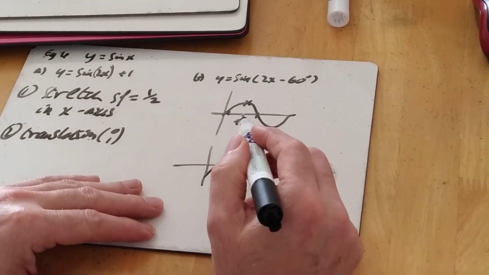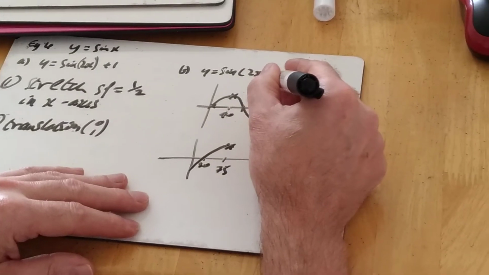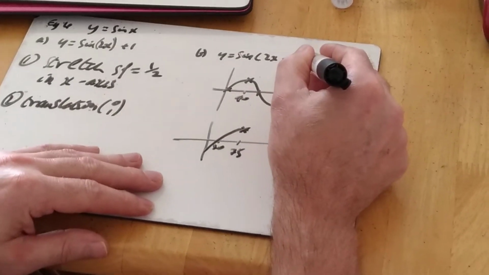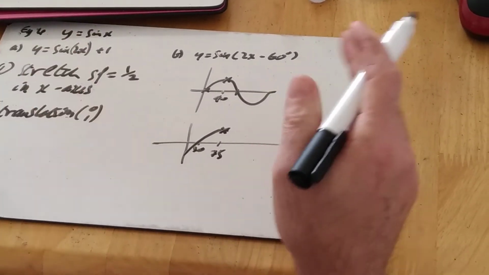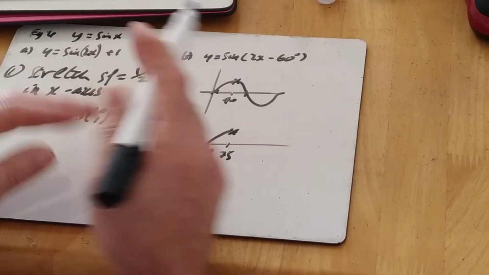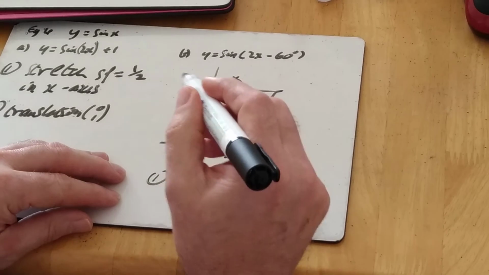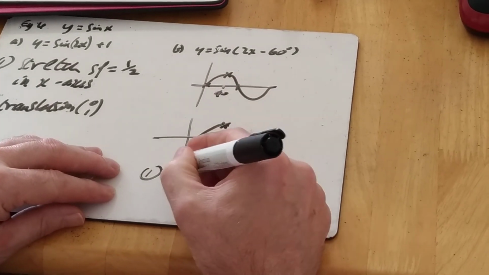What it looks like it's doing then, I'm doing the minus 60 first. I'm going to take the sine curve and shove it up by 60 first, and then squish it by a factor of 2 afterwards. So the order is counterintuitive in this case.